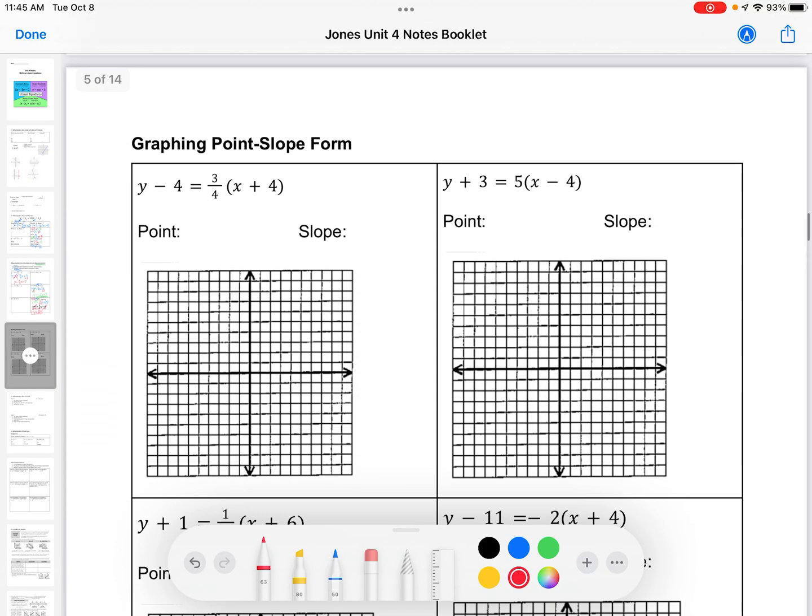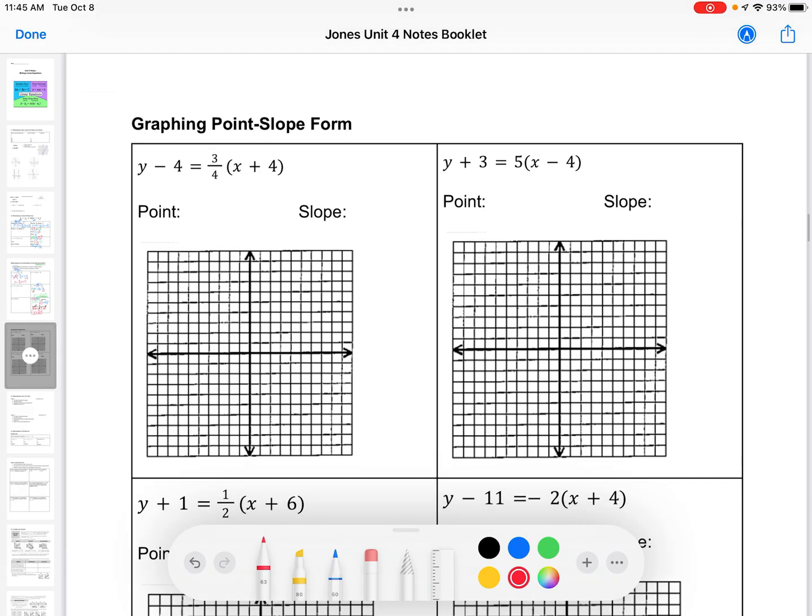And then now, if you're given point slope form, we can do what we did a minute ago, which is identify the slope and a point.